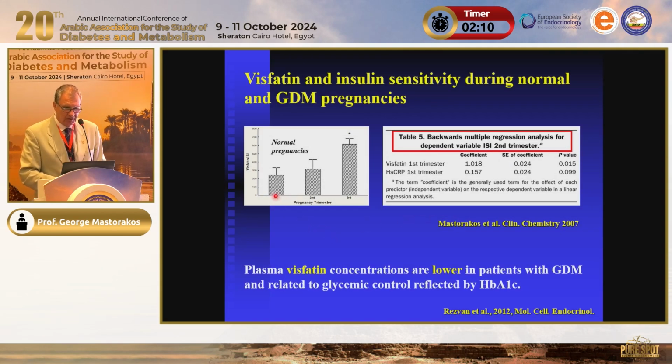However, even in normal pregnancies, visfatin goes up from the first towards the third trimester, and it is associated, and this is very, very interesting, please pay attention to this, through regression analysis, that if we measure visfatin at the first trimester, and we measure the inflammatory marker high sensitivity CRP at the first trimester, this can predict the possibility of development of insulin resistance during the second trimester.